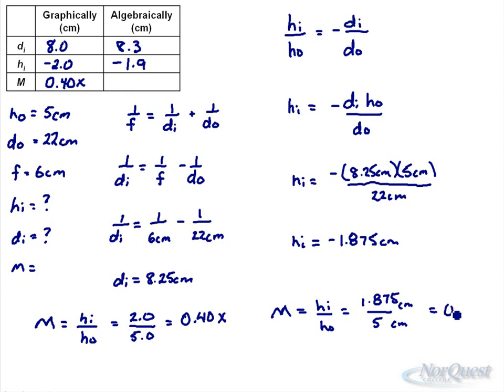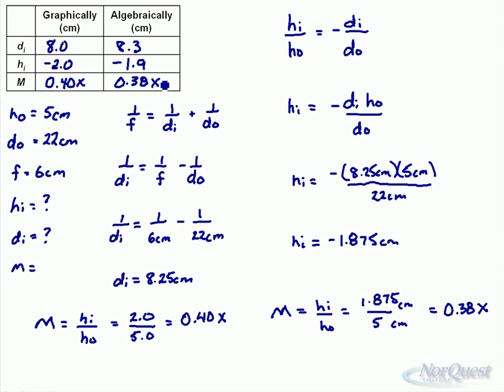So something very close to what we determined graphically. So you can see algebraically will be a little bit more accurate. There is some error when you do ray diagrams, but they do give us a very good approximation.